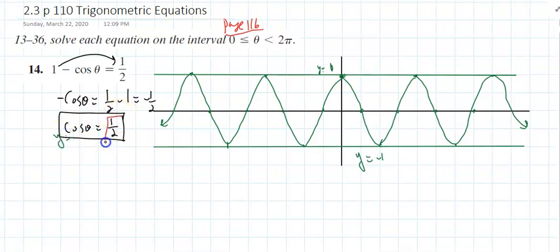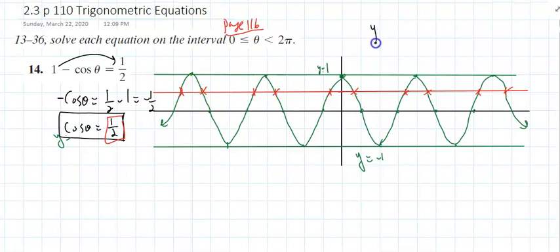If I take y equal 1/2, if this is y equal 1, and 1/2 is right there, if I draw the line y equal 1/2, we notice that the line intersects the graph of a cosine an infinite amount of times.